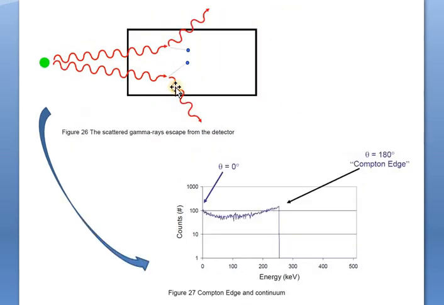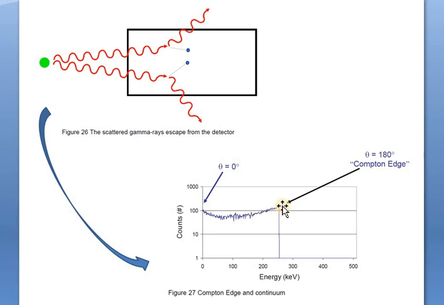However, in this case we have incomplete energy deposition. These gamma rays deposit some part of their energy and then the scattered photon escapes through Compton scattering. Here I have shown the part. The maximum energy deposited corresponds to the Compton edge, and instead of a peak, we get a distribution.